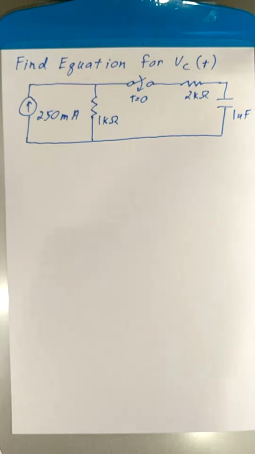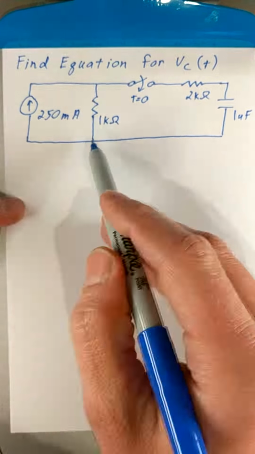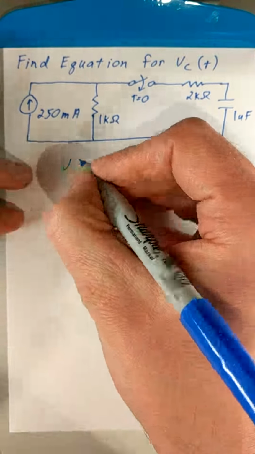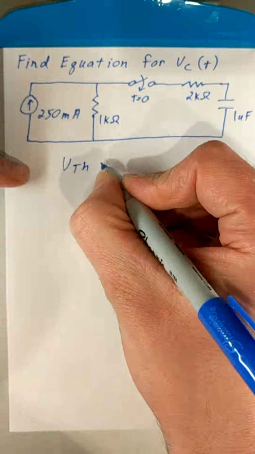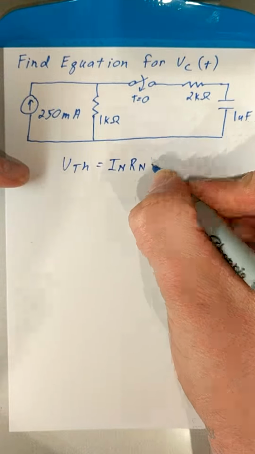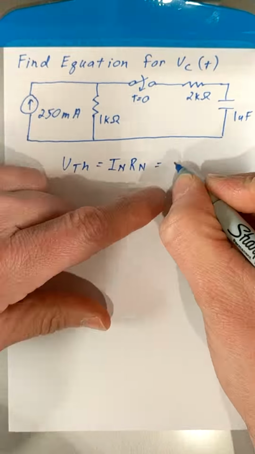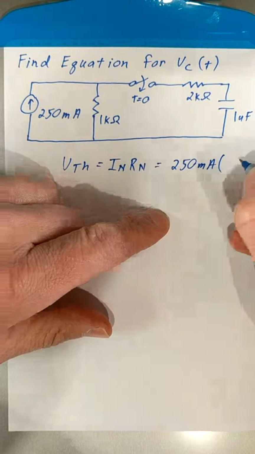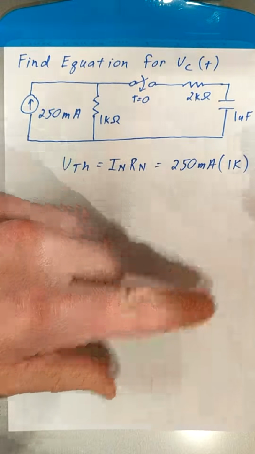Going back to our original circuit, the first thing we want to do is convert this Norton circuit into the equivalent Thevenin. We know that the Thevenin voltage is equal to the Norton current multiplied by the Norton resistance, which in this case is 250 milliamps multiplied by 1,000.